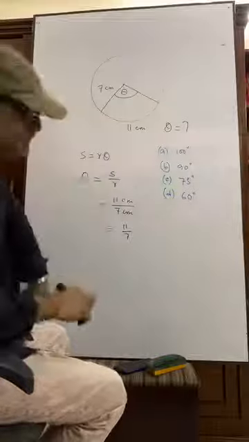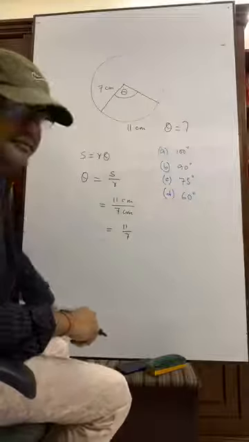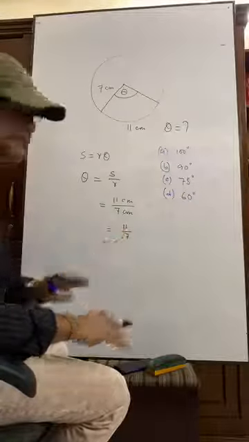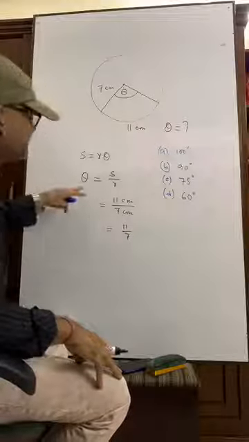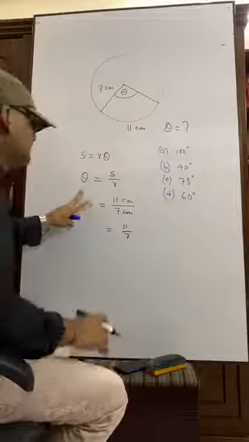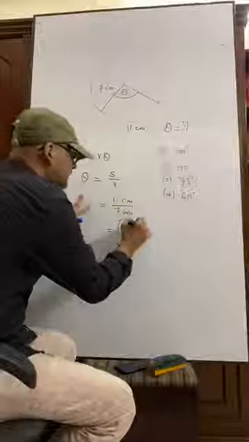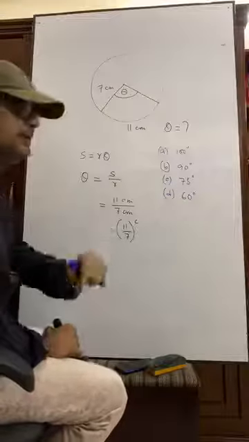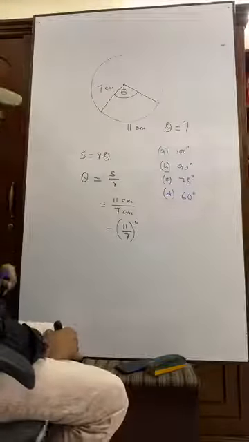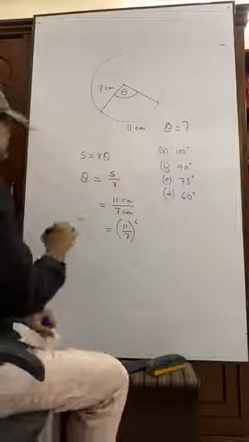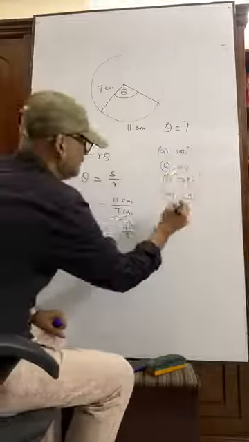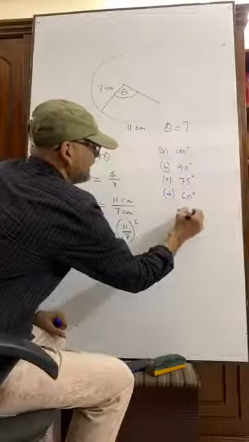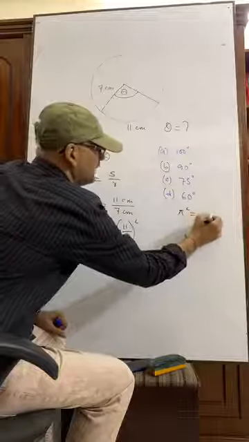Is it 11 by 7 only? It is theta, it is an angle, okay? So it will be radian. 11 by 7 radian. Now we know pi radian equals to 180 degree.